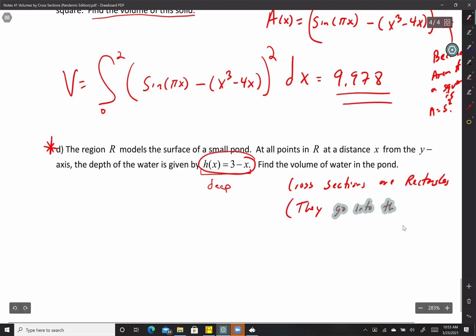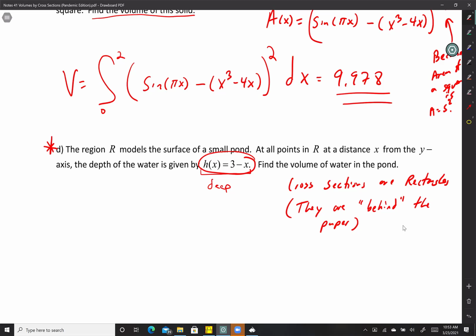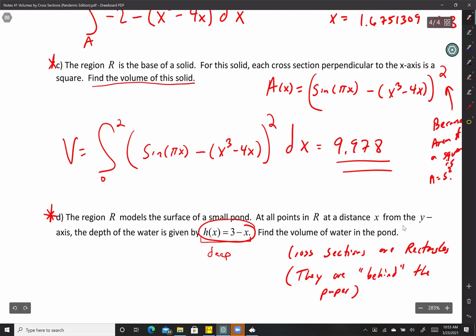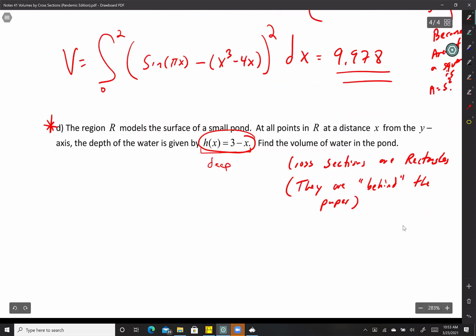They are quote unquote behind the paper. They're not coming out of the paper. Cross sections are rectangles. It's okay if you miss this one for now. With more experience, you'll get these correct. But I'm assuming that the AP exam is probably going to give you something obvious. Right? They're going to tell you the cross sections are this. All right, so let's see.